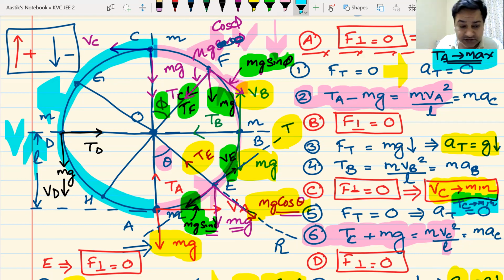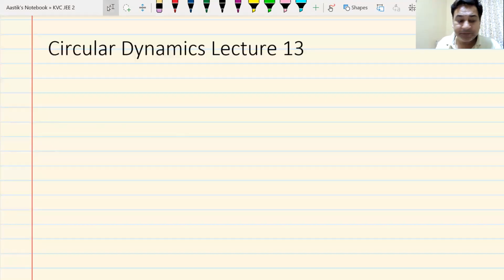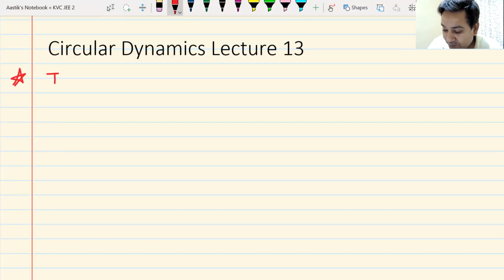Now, to confirm it so that we will never forget it, let us write this as important points, with a star tag: important points. And we shall never forget these important points.